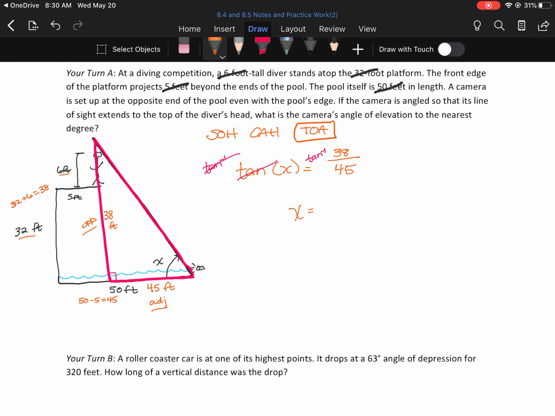I'm left with X is equal to the tangent inverse of 38 over 45. And now this is just a matter of substituting that into your calculator. So you would have to hit second tangent to get tangent inverse. And you do that of 38 divided by 45. Let me change these to approximately 40.18 degrees.